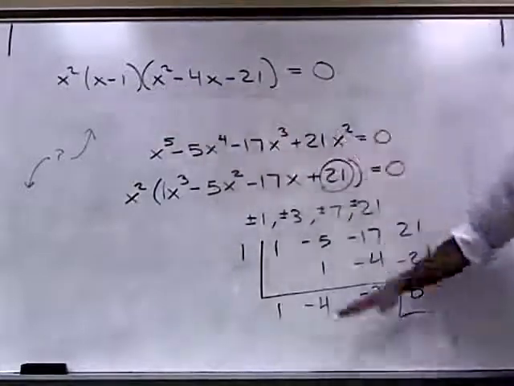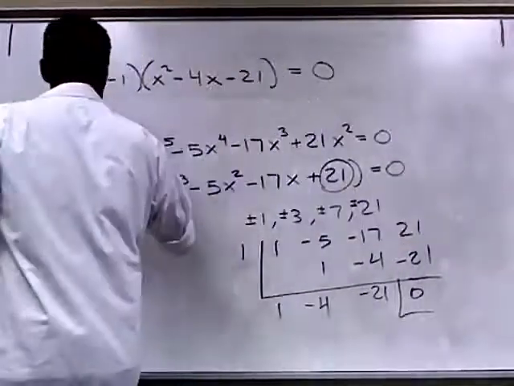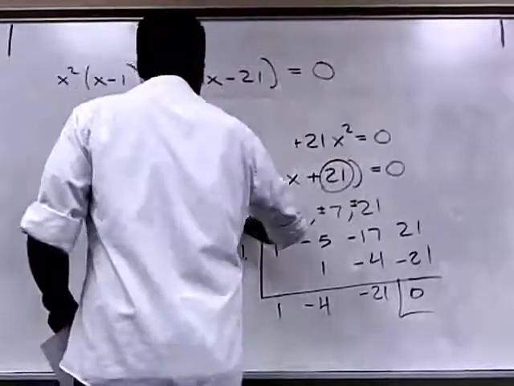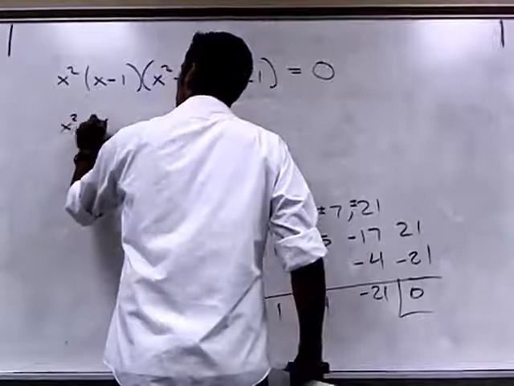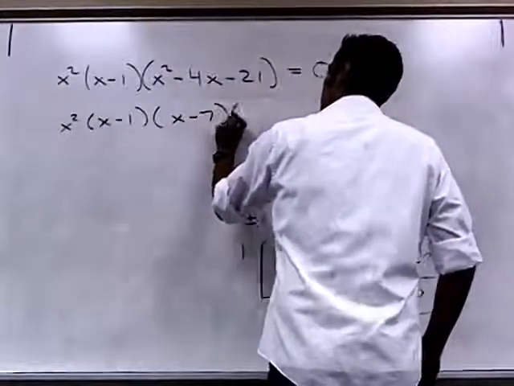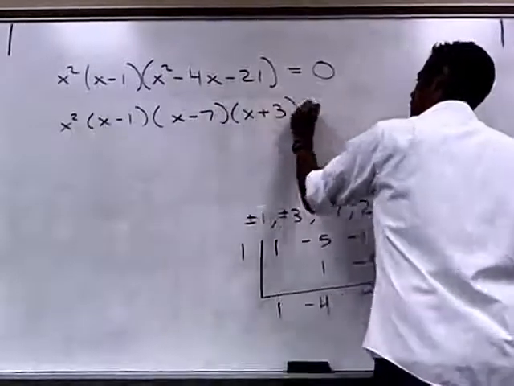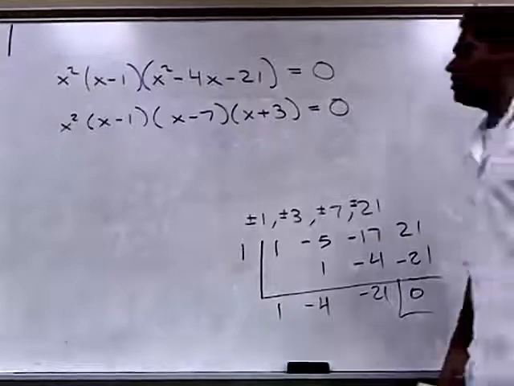You can again do more synthetic division if you're comfortable with that, or you can do AC method factoring. I won't show that step, but it turns out to be x squared, x minus 1, what is it? Negative 7, positive 3.